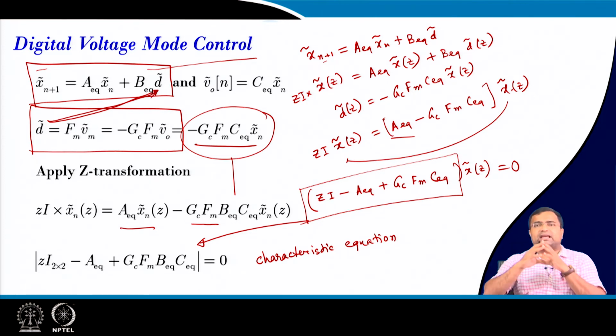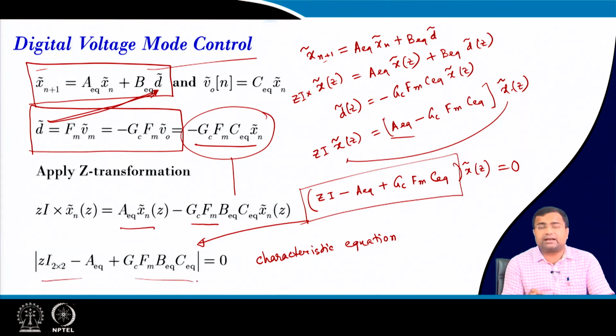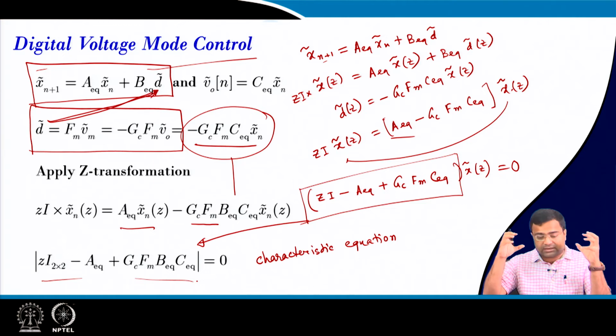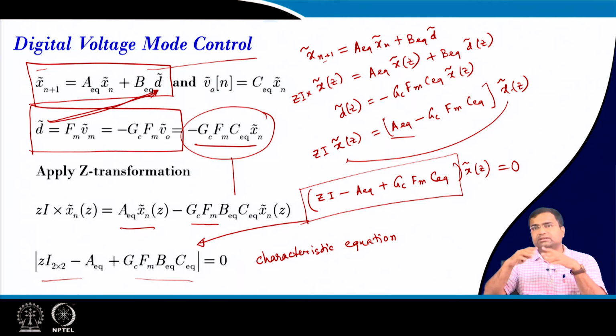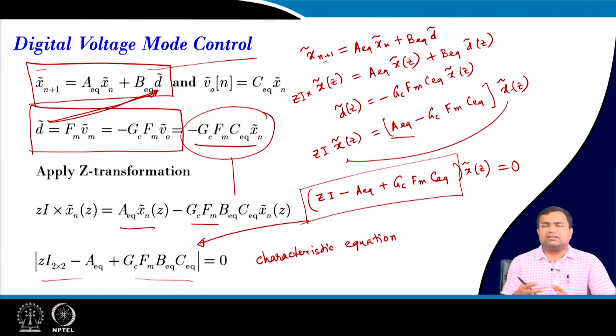What is the role of this characteristic equation? The role of this characteristic equation is that you have to ensure that all eigenvalues should be within the unit circle, otherwise it will be unstable. While we can derive the stability concept from the loop transfer function, this way of representation actually makes sure that you do not miss out anything.